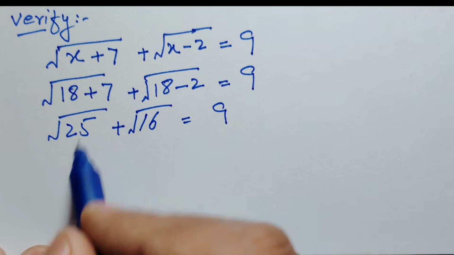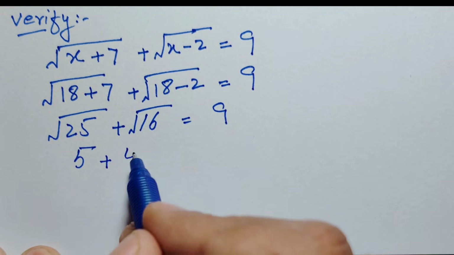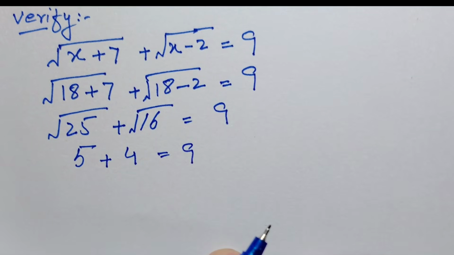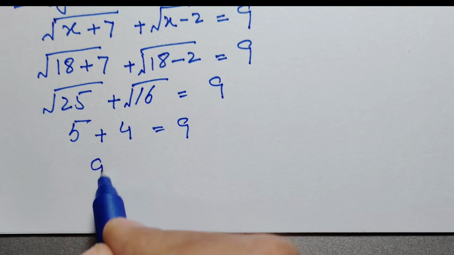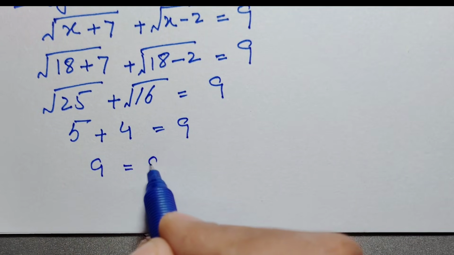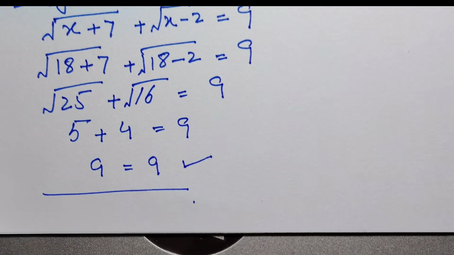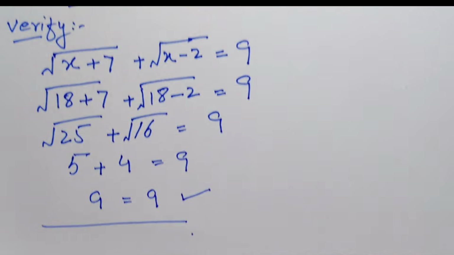Further, square root of 25 is equal to 5 plus square root of 16 is 4, which is equal to 9. Here 5 plus 4 is equal to 9, and 9 is equal to 9. Now we get the answer: left hand side is equal to the right hand side. This is the solution of this equation.